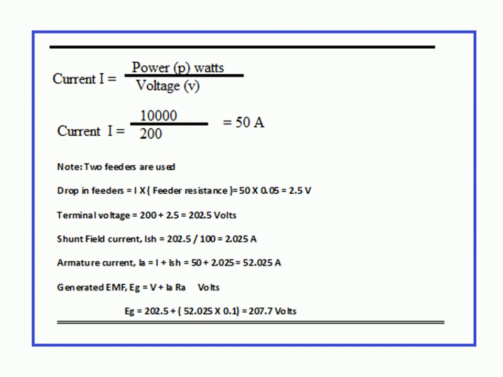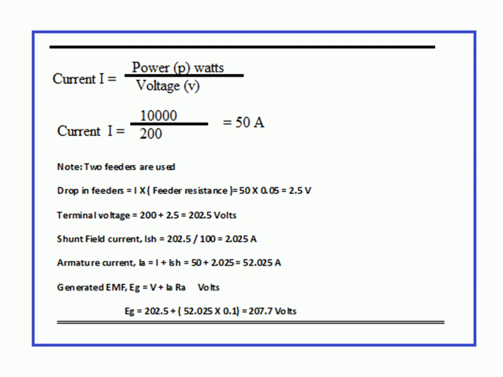What is the power available across the load? It is 10 kilowatt, 10,000 watts, divided by supply voltage 200, you are going to get 50 ampere. Last time the load current was given, now you have to calculate the load current. How many feeders are we using? 2 feeders.